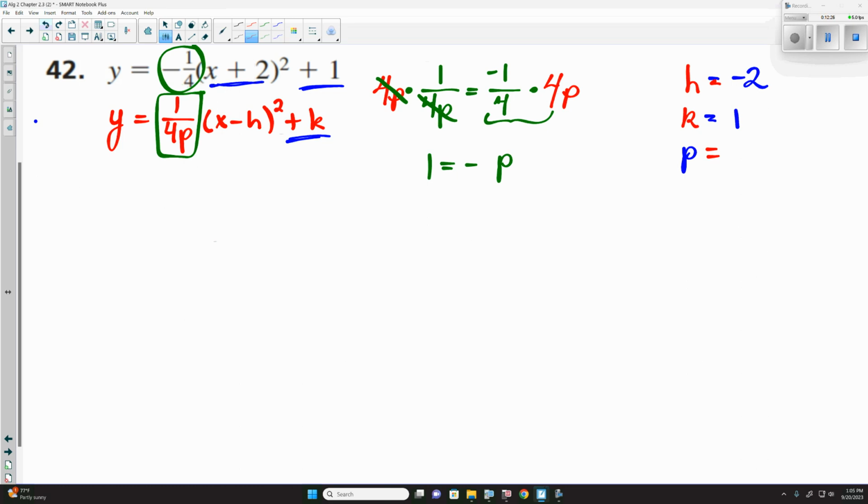So we were saying 1 is equal to -p, but we need to get rid of the negative from p. So we can either multiply both sides by -1 or divide both sides by -1, telling us p is -1. So it tells us the value of h is -2, k is 1, and p is -1.